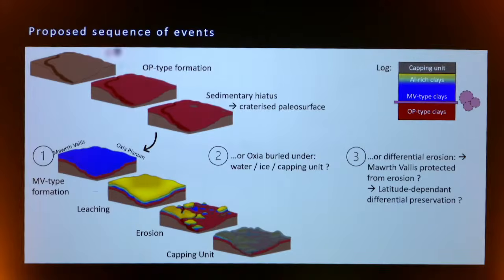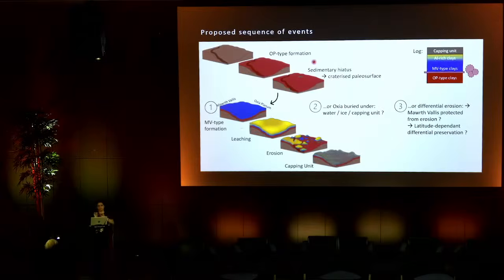I mean, when OP-type clays form, they are already draping the dichotomy and also the outlet valley of the Mars valleys. So I guess they happened during early Noachian to middle Noachian time. They are dated in Oxyaplanum to be about 4.0 billion years old. Yes. Keep it in mind.